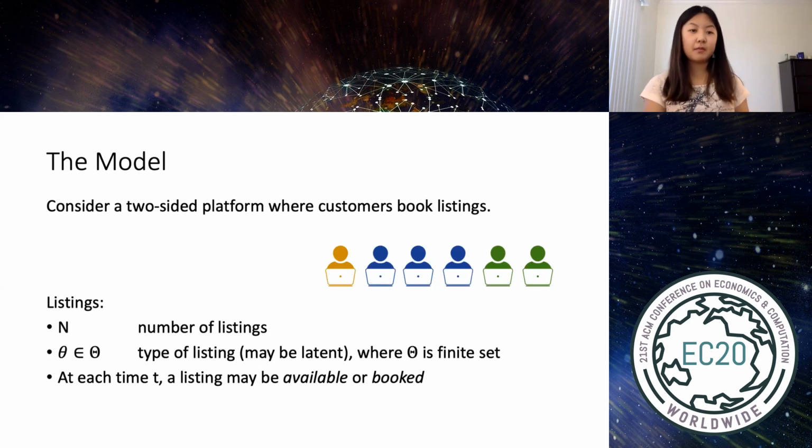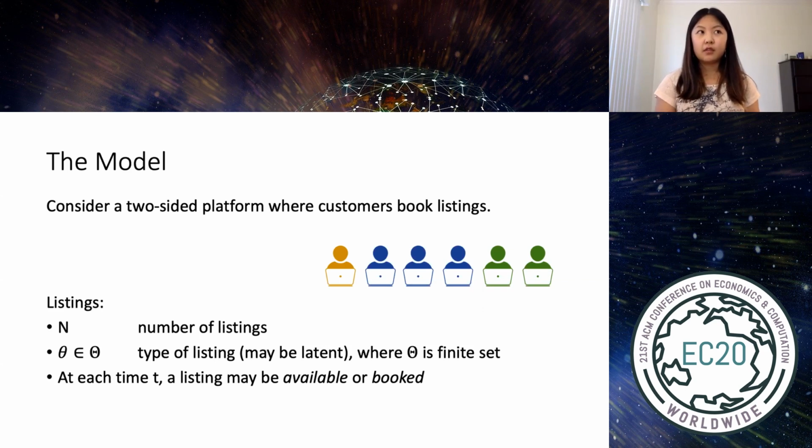So I'll jump right into the model. I'll just note that any model that we want to use has to capture the competition effects that we talked about earlier. That's going to allow us to study interference in these experiments. So we model a two-sided platform where customers book listings.